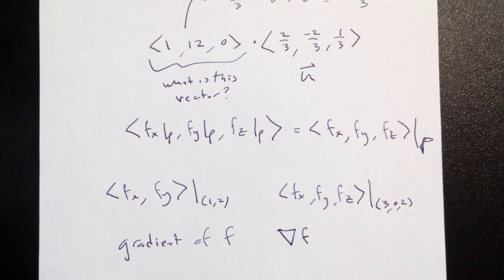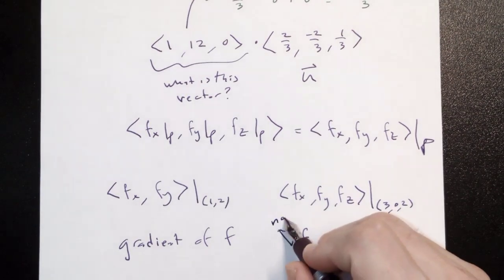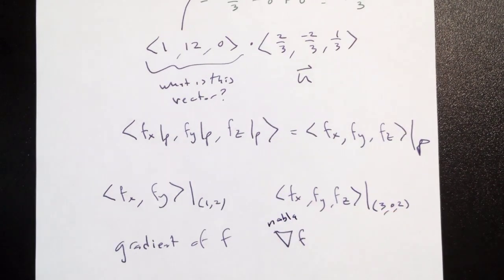Technically, that upside down capital delta is called a nabla. Barely anyone uses that phrase. I called it gradient all the time. One of my students called it nacho because it looks like a chip. I'm fine with that. Nacho F works for me.